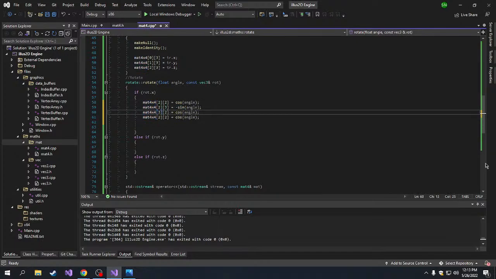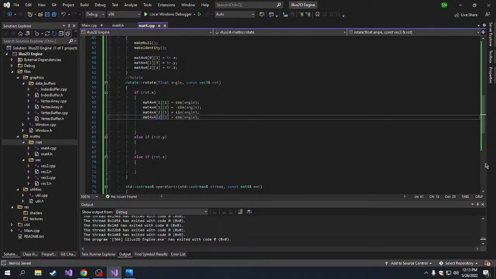Third row, actually this is first row. Well, since our rows and columns start from 0, the second row should be 1. Okay, my bad. First row is the column, doing this, and third row, second column should be sine of theta, sine of the angle.